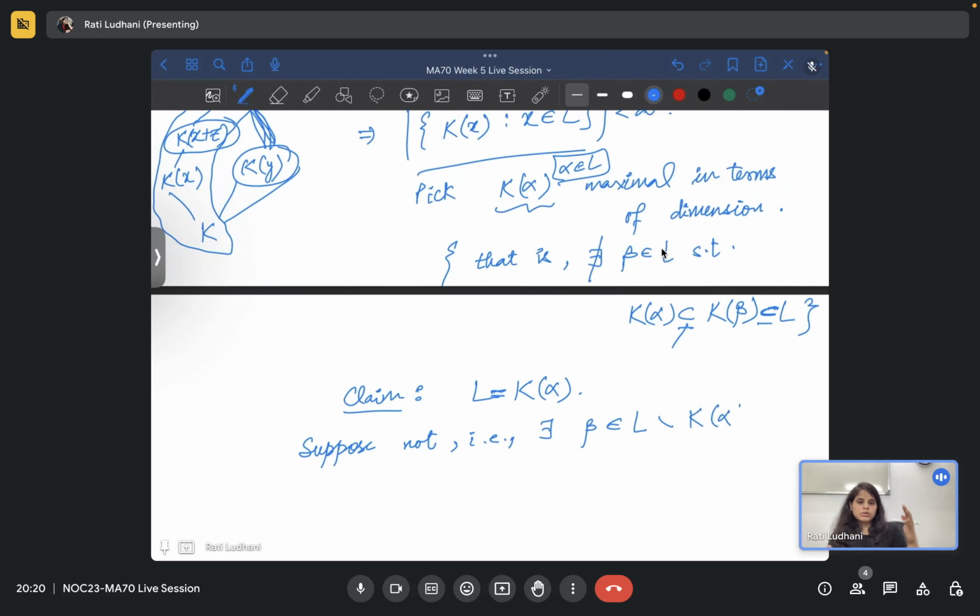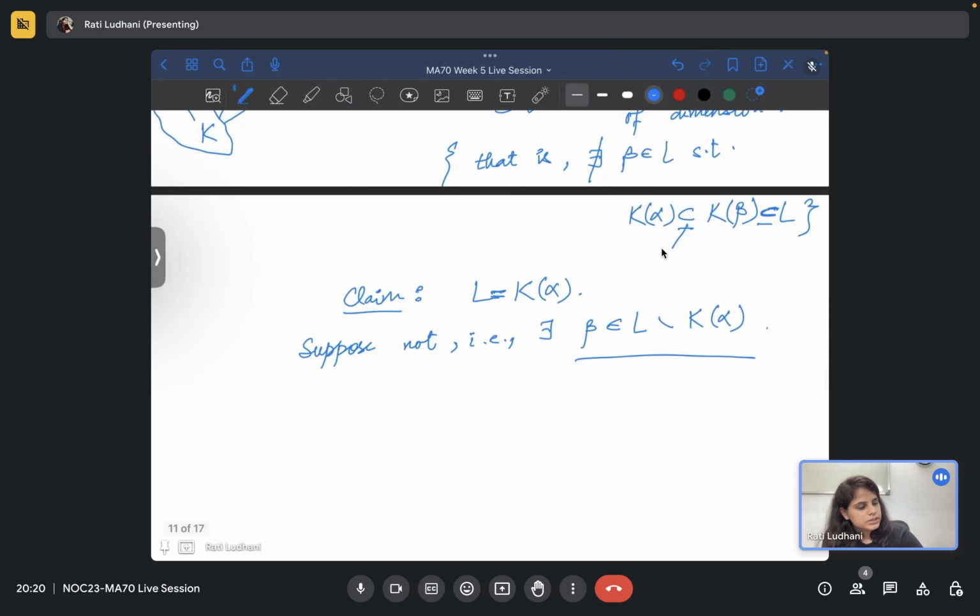If these are not equal, you already know K(alpha) is in L, because alpha is in L and K is in L, so K(alpha) is contained in L. So there exists some beta which is in L but not in K(alpha).